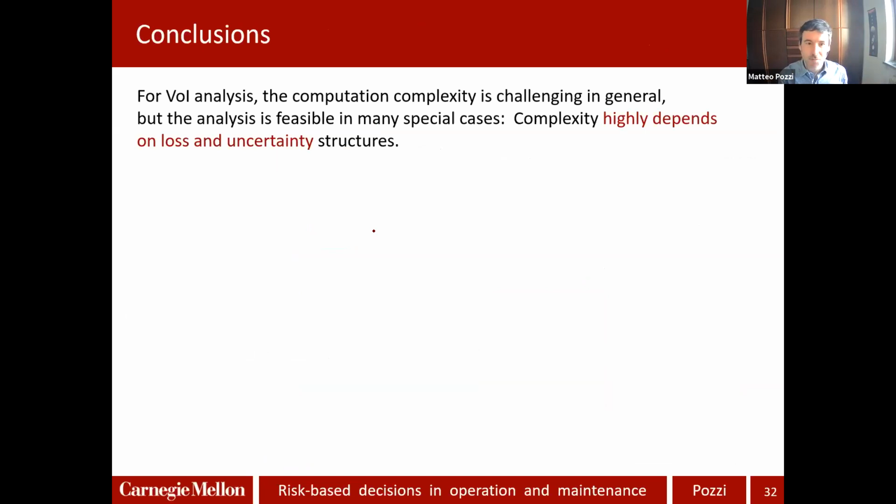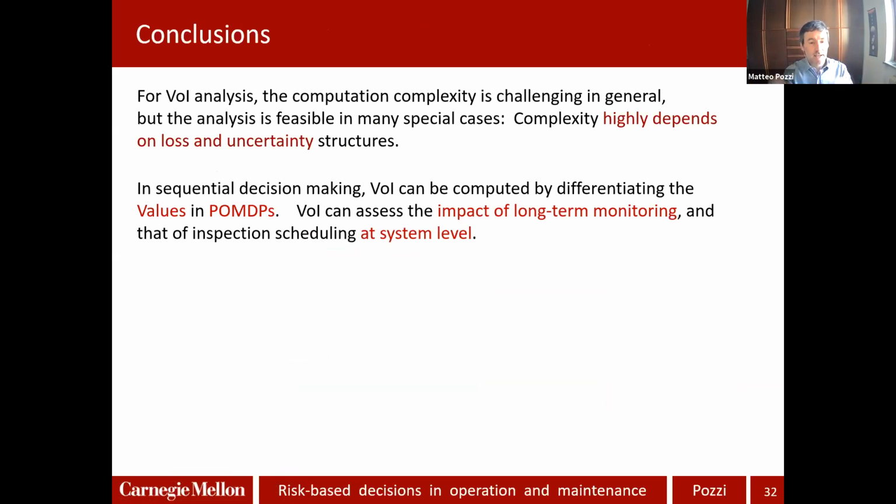Just to summarize, I think value of information is a great tool, very powerful and, to me, fascinating. The analysis can be very complicated, very complex, and depends on the specific details of the loss and the uncertainty. For sequential decision making, POMDPs are a great tool, again very complicated computationally, but very powerful.